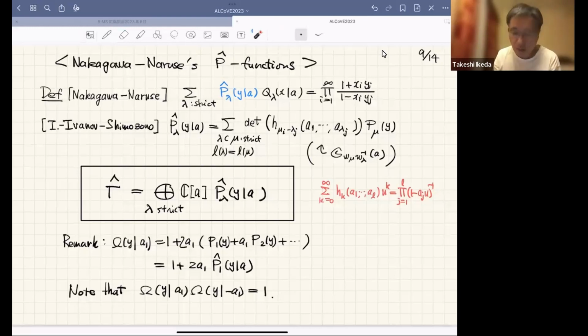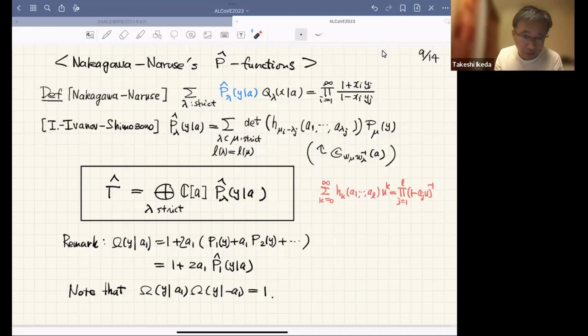Okay, any questions? Sorry for the many complicated notations, but my gamma hat is just spanned by these functions. They form a ring. So omega is my previous generating function.